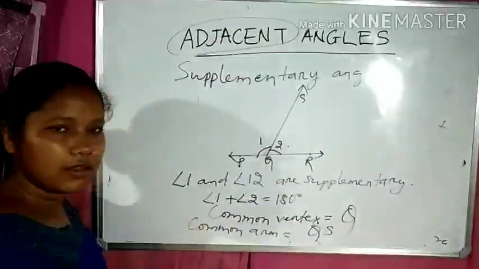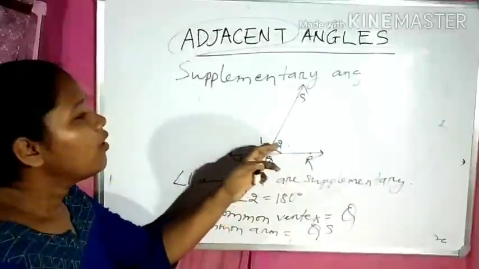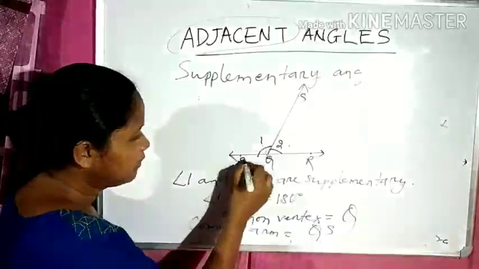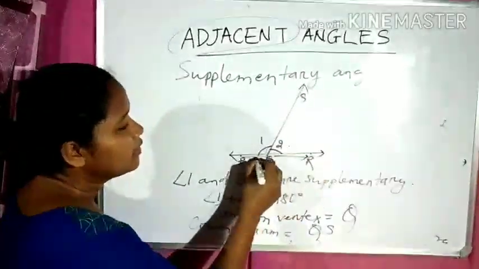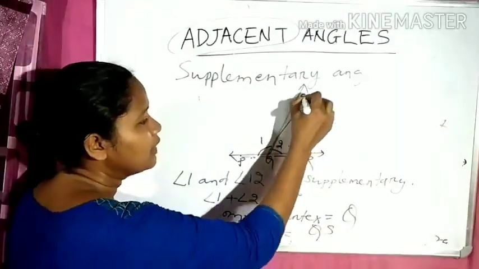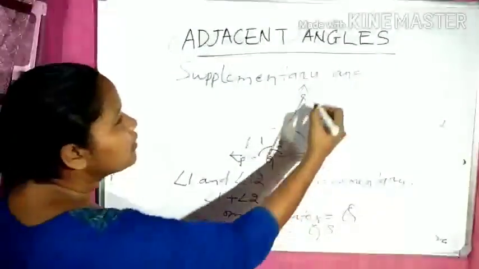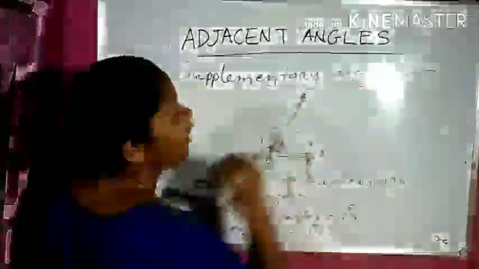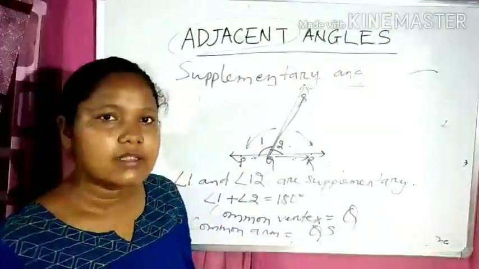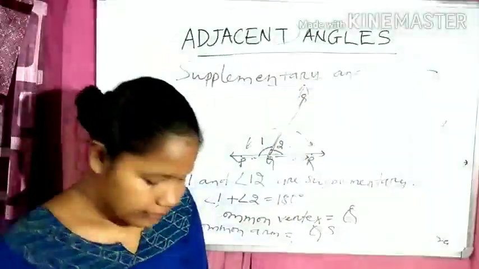And the uncommon arms are on 2 sides of the common arm. Yes, the uncommon arms are PQ and QR, on the 2 sides of the common arm. So the supplementary angles are adjacent angles. So we found that supplementary angles can be adjacent angles.